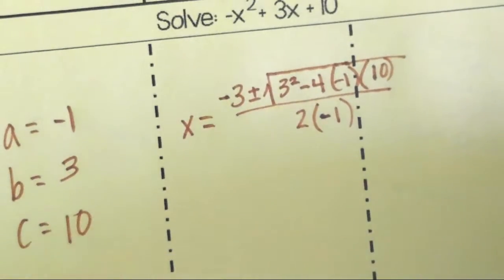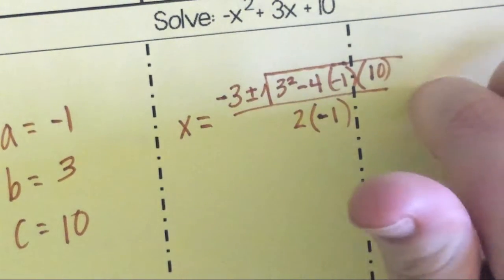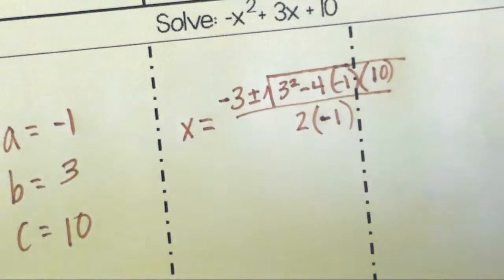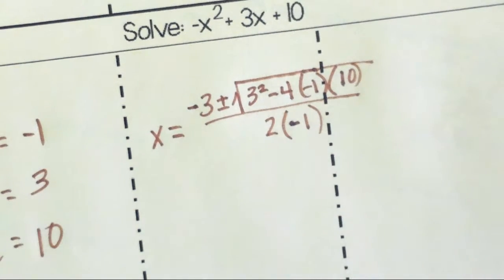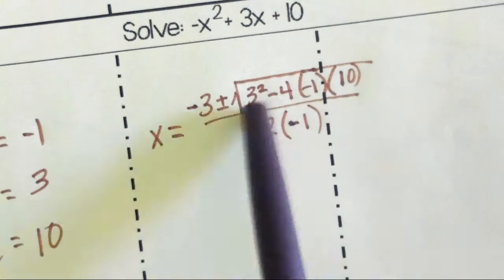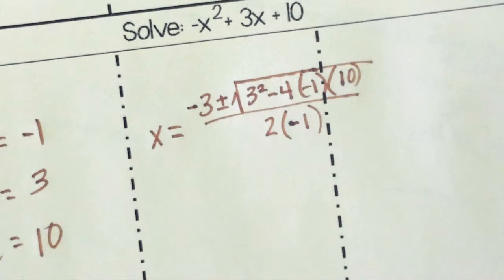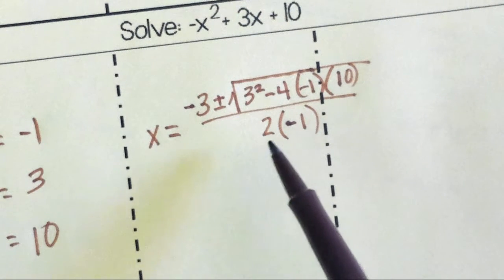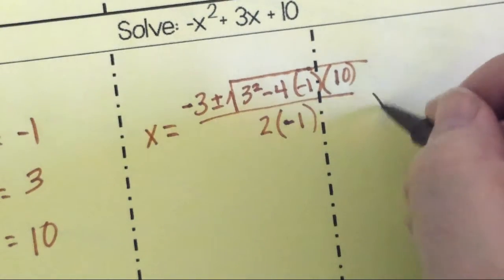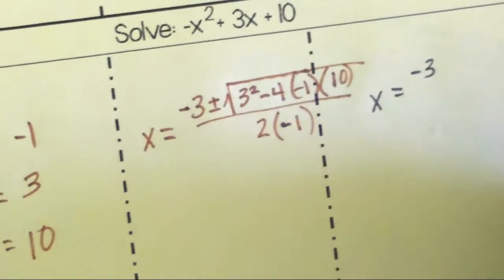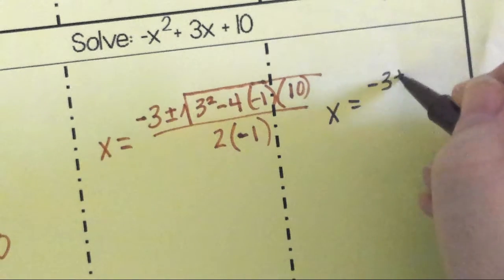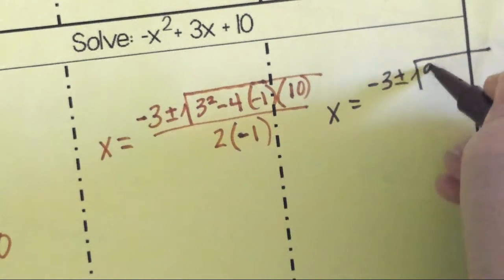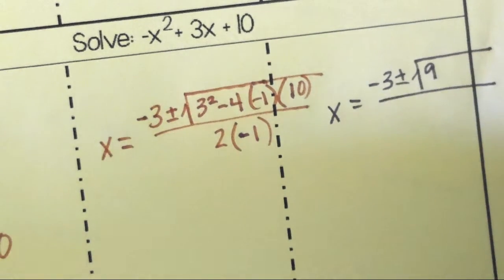Are there any questions about this? It is its own step because that is the hardest part. If Jameson makes a mistake, I can probably look on his paper and see where he didn't plug it in the formula correctly. Are there any questions about this? Okay, so I get x equals negative 3 plus or minus, and then I have 9.